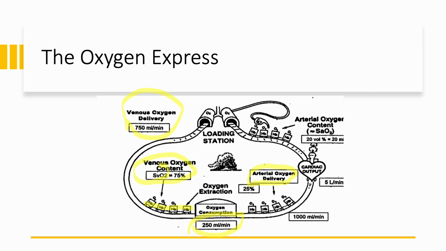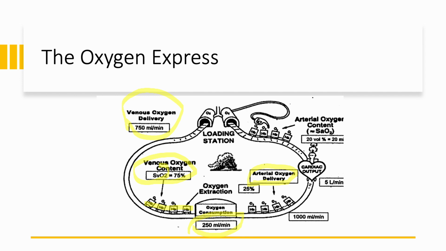So again, this diagram shows the balance between oxygen delivery, DO2, and oxygen consumption, VO2, essential in understanding shock. A drop in cardiac output or oxygen delivery can compromise tissue oxygenation, which is key in conditions like shock.